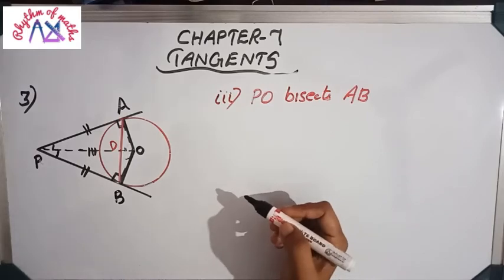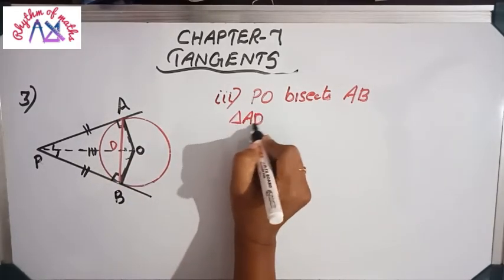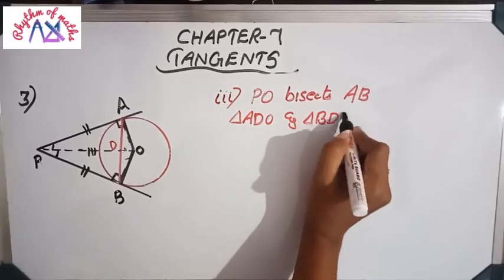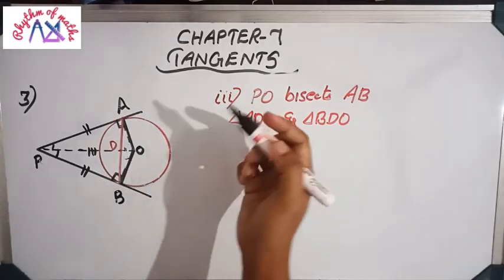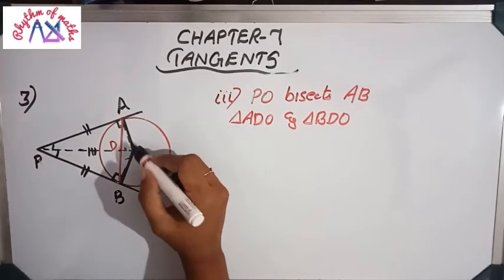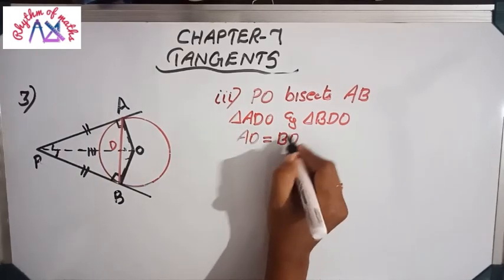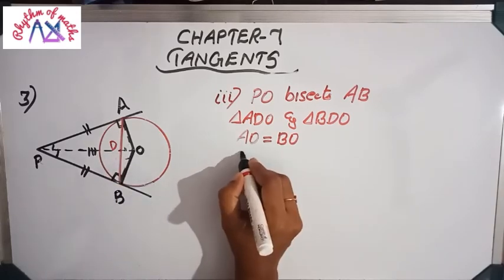So here it will be triangle ADO and triangle BDO. These two triangles you have to consider. Let's check which sides are equal. Here also AO and BO are equal because they are radii. Then next, DO equals DO, common side.